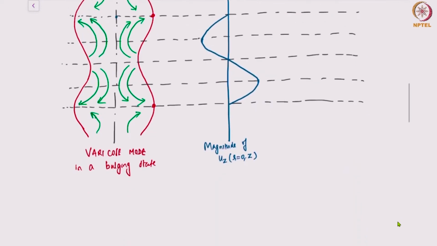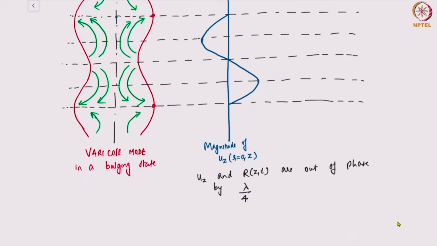It tells you that UZ and r of z comma t are out of phase by lambda by 4, meaning by a factor of lambda by 4 wavelength, they are shifted, right?